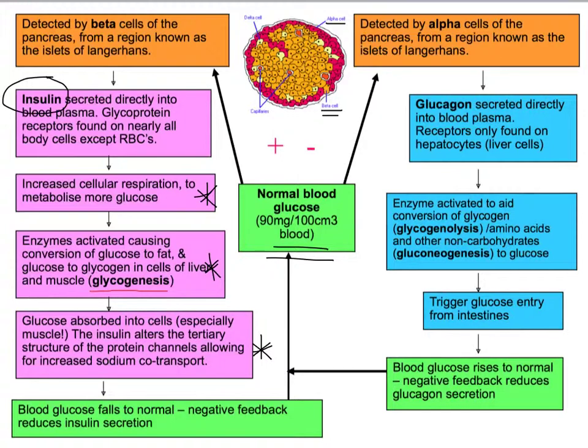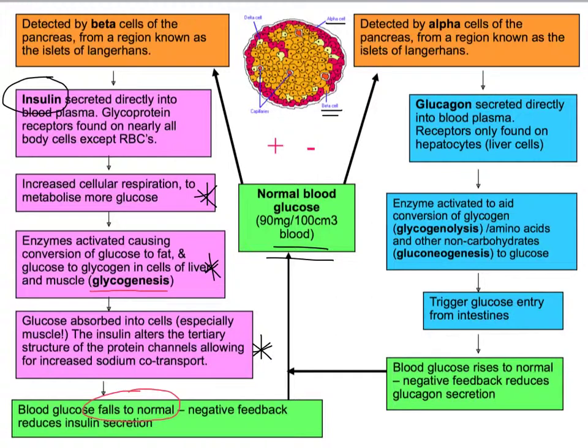And the whole reason why we do that, as we see at the bottom, is to get our blood glucose to fall back to normal. Now that's an example of negative feedback, because we're actually going to shut off insulin secretion then. Once we've returned our blood glucose to normal, insulin secretion is turned off, and that's a negative feedback mechanism.